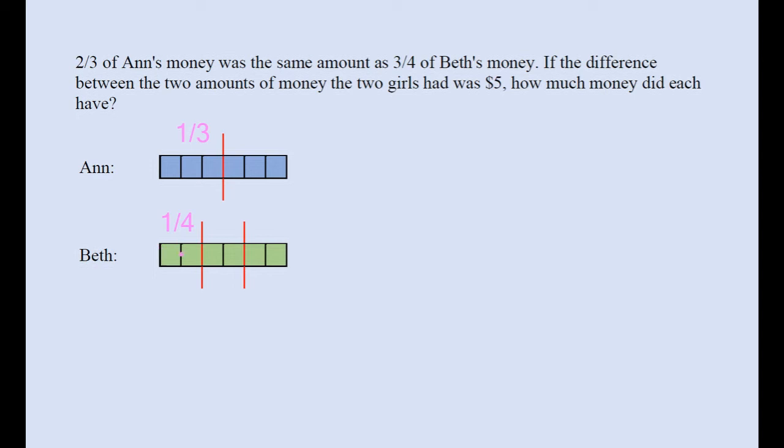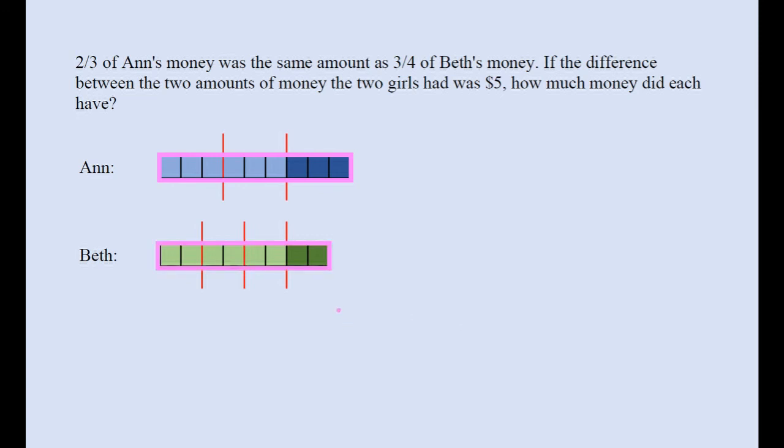And I'll need 4 copies of this to represent Beth's entire amount, and I'll need 3 copies of these to represent Ann's entire amount. That's exactly what I have here. So this represents Ann's entire amount, and this represents Beth's entire amount.